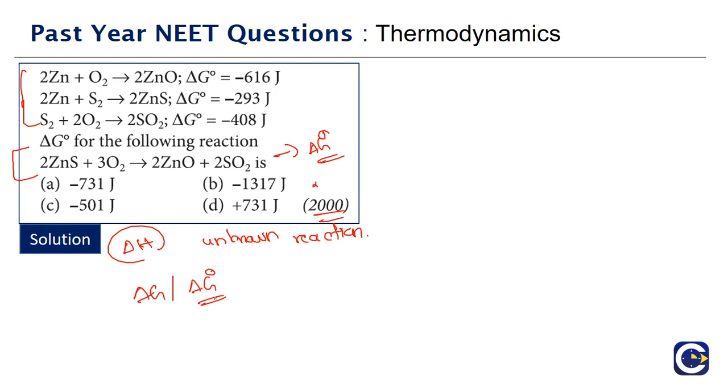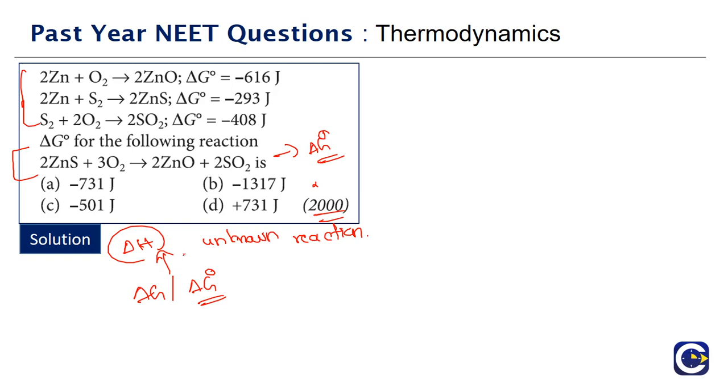That is the only thing. Okay. So the approach to find del G or del G naught of an unknown reaction will be same as that we follow in the Hess law. Means if you have a combination of reactions, because all these are what? All these are state properties or state functions. Enthalpy, free energy, entropy, all of them are state functions. So the Hess law method can be used in finding the del G of an unknown reaction, del S of an unknown reaction. So whatever the approach we follow for delta H calculation in the Hess law, what is it?